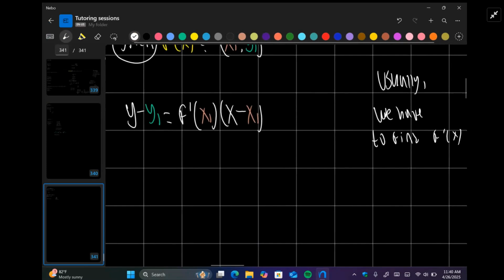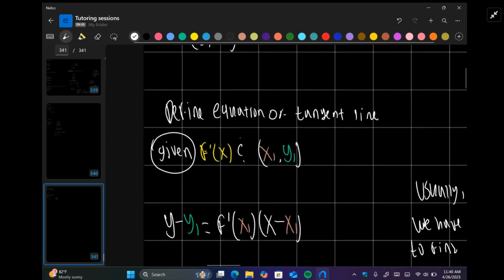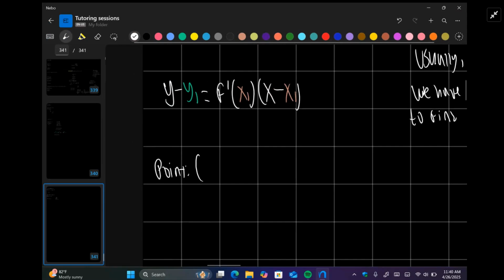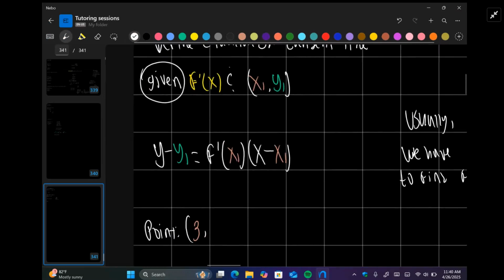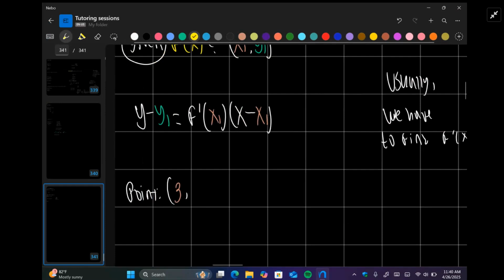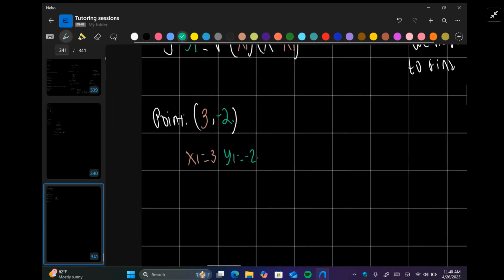The point that we have is 3, -2, so x1 is 3 and y1 is -2. It's always good to write what you're given.